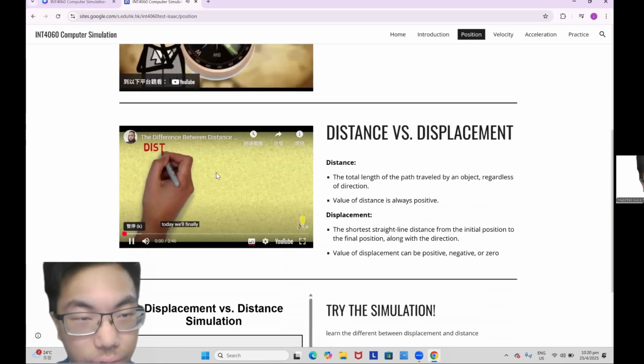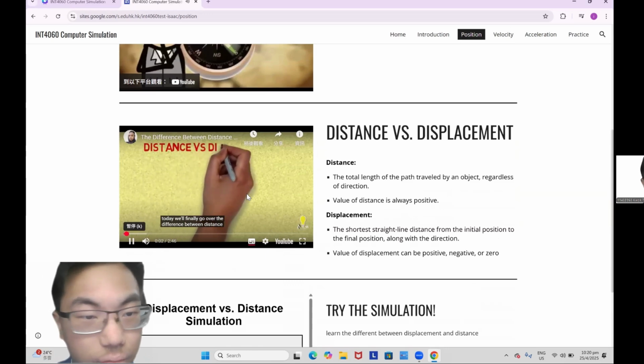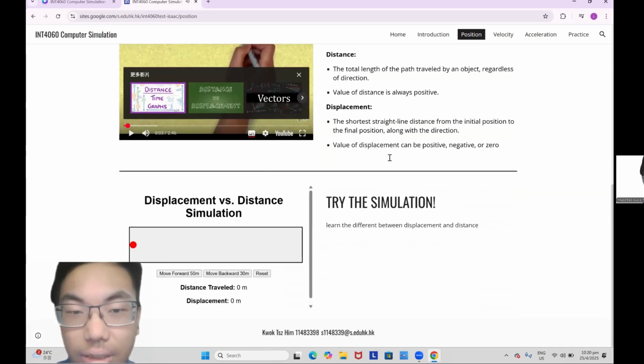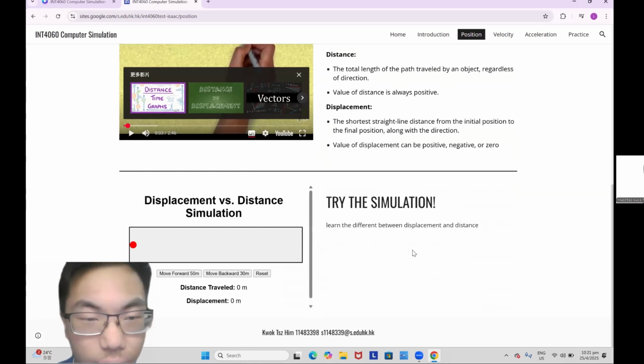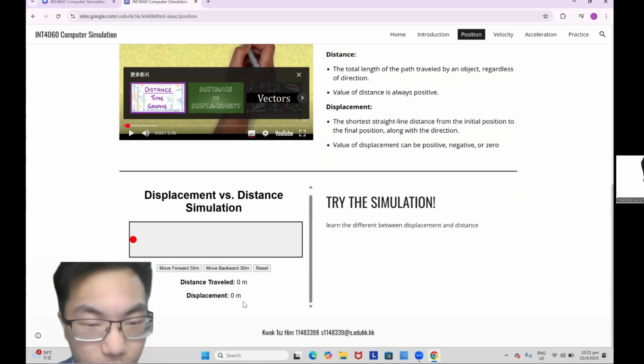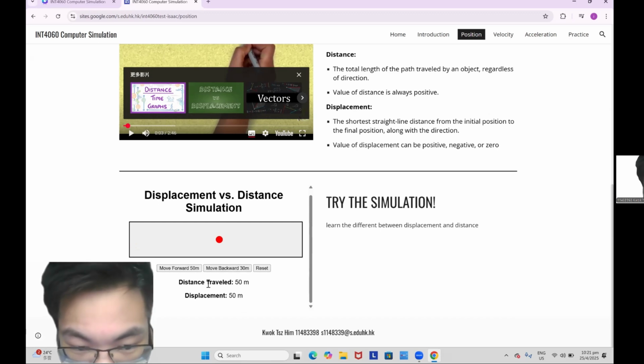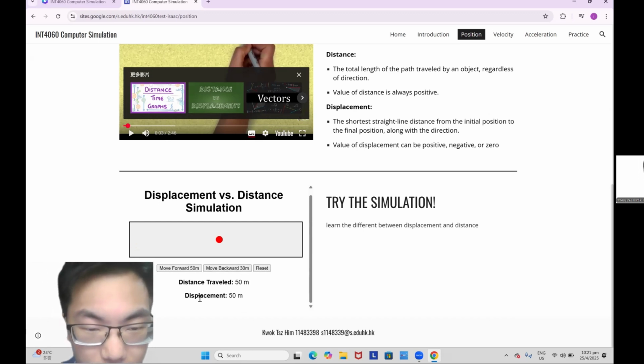You can also take a video on the difference between distance and displacement. Besides this, there is the simulation. You can try it by pressing the forward button or clicking the backward button, and you can see the distance travelled and the displacement.